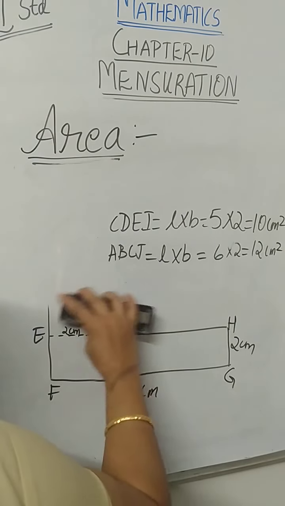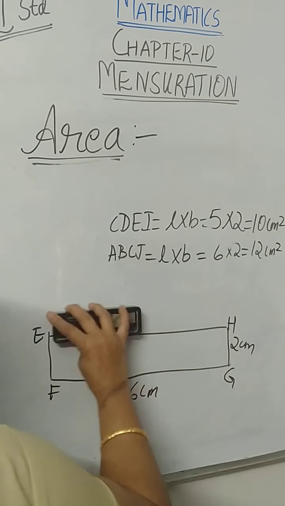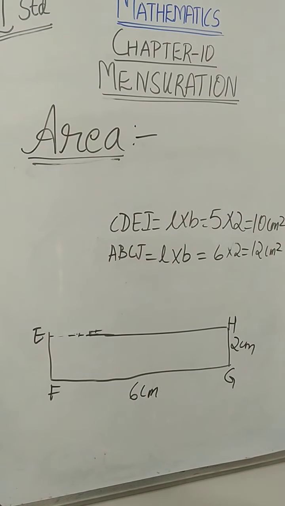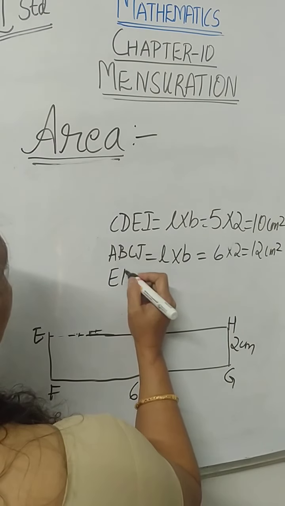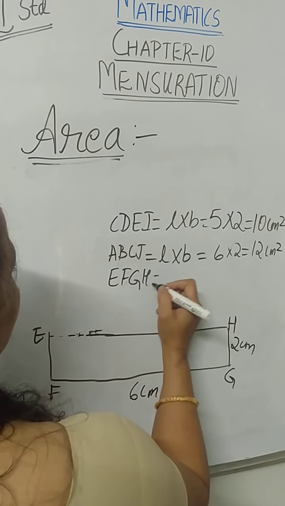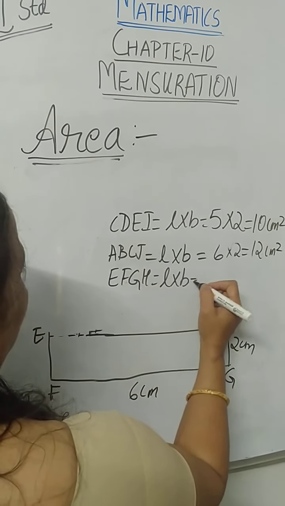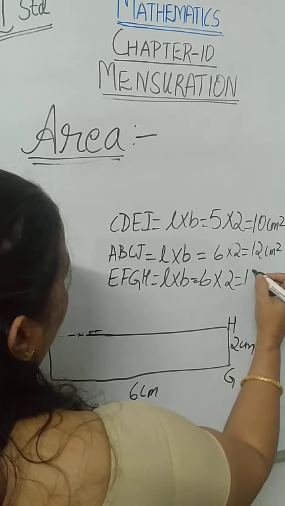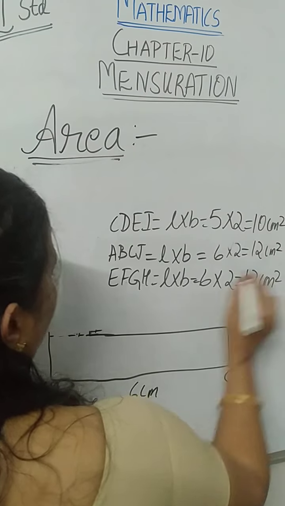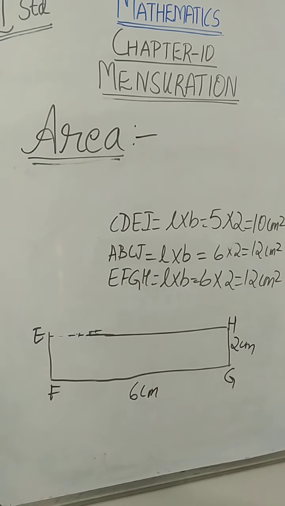Now, we are left with only one rectangle here, that is EFGH. What is it? Length into breadth. What is the length here? It is 6 into 2 again. It is 12 centimeter square. So, all the 3 rectangles we have found out.